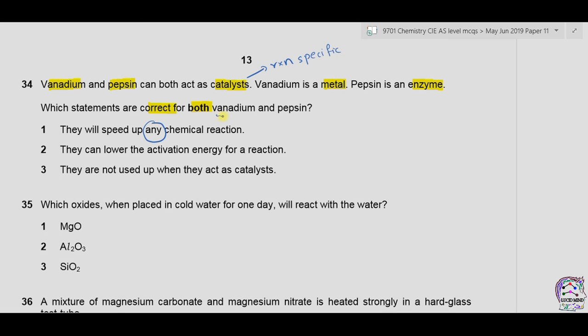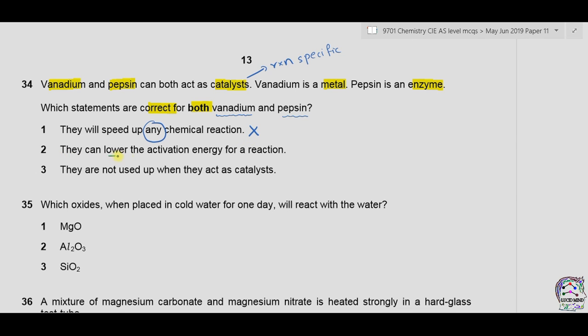It means that vanadium will behave as a catalyst in one chemical reaction, while in other chemical reactions it cannot be used as catalyst. Similarly, pepsin is also reaction specific, so therefore it can be used for only one type of chemical reaction, not for any chemical reaction. So first option is incorrect.